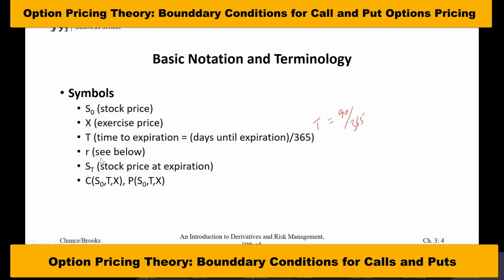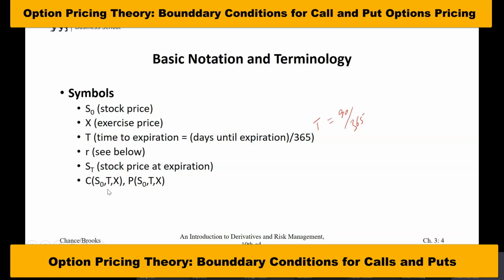R will be the risk-free rate, and we are going to learn next how to calculate the risk-free rate for option valuation. And then we have the expiration prices, the spot prices when the option expires. That will be denoted by S_T, which is the spot price at expiration.